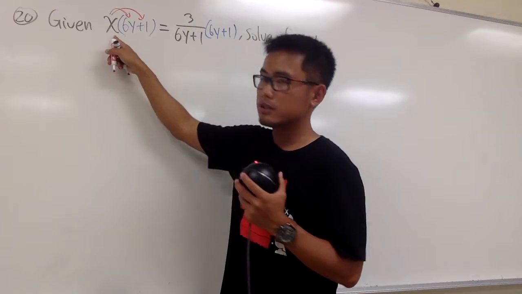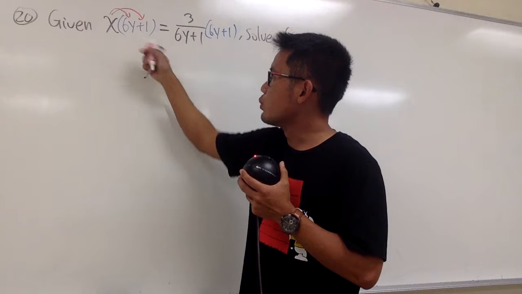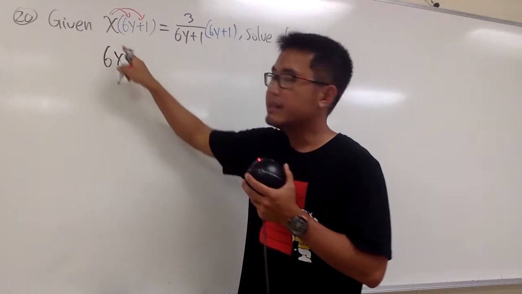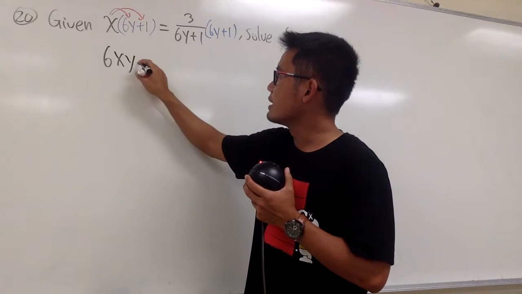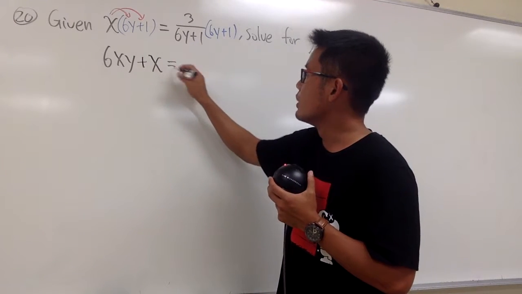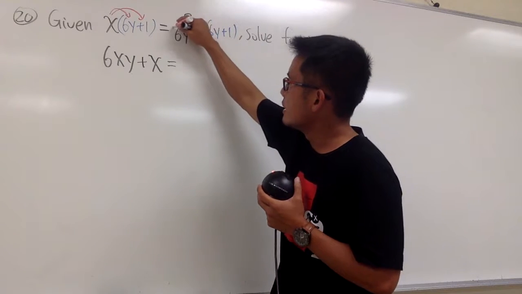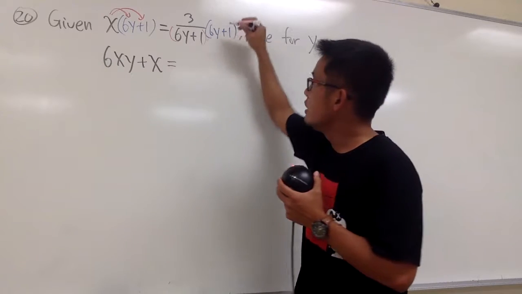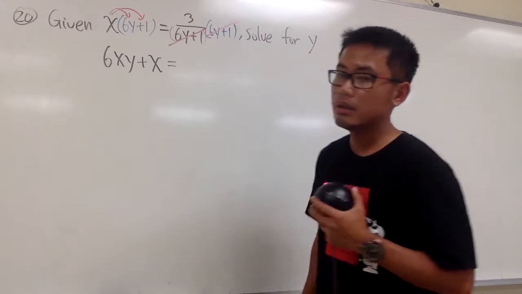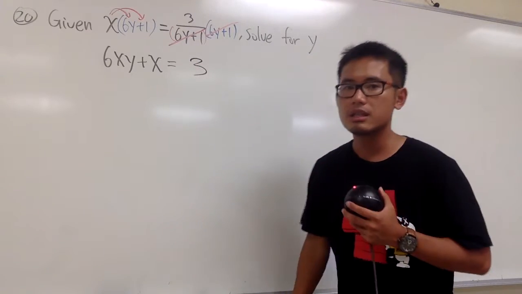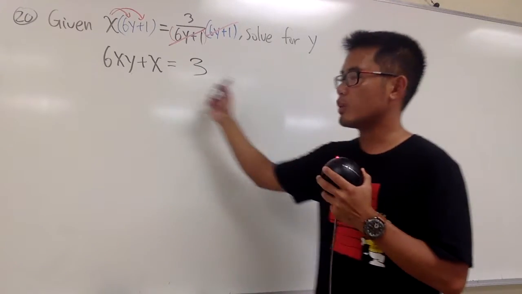So x times 6y gives us 6xy, and x times positive 1 is plus x. And this is going to be equal to, on the right-hand side, you see 6y plus 1 and this 6y plus 1, they can be canceled out. So we only have a 3 left on the right-hand side. Okay, this is what we have now.